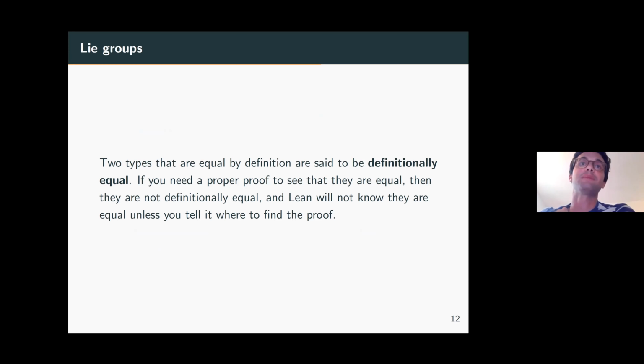In many cases you need a proof to say that two types or two terms are equal, and a common problem in Lean, in proof assistants that rely on type theory, is that the proof assistant cannot know that two types are definitionally equal, and sometimes you have no way to tell it that two types are definitionally equal.